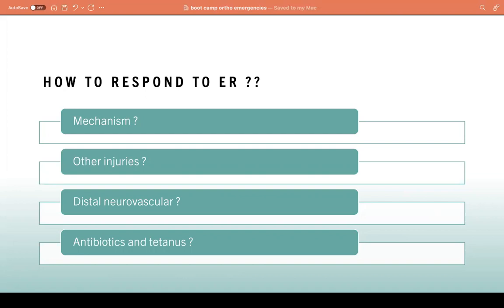If he has a vascular injury, please call a vascular surgeon to come and be involved in this case. And ask him, did you give antibiotics and tetanus according to the case? All these simple steps and simple questions will save time and give you more time to focus on the patient care as well.